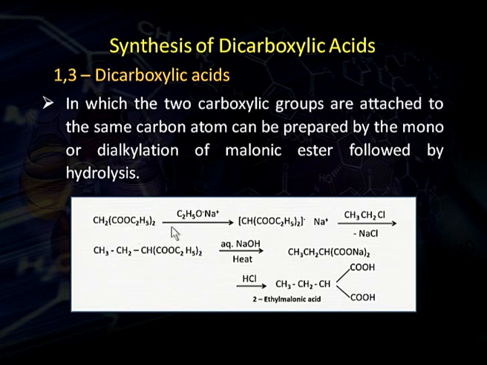Malonic ester upon treatment with sodium ethoxide forms sodium salt, and this undergoes SN2 reaction with ethyl chloride. NaCl is removed and this ethyl group is substituted, and this upon hydrolysis with sodium hydroxide forms sodium salt of dicarboxylic acid, and upon acidification produces dicarboxylic acid.